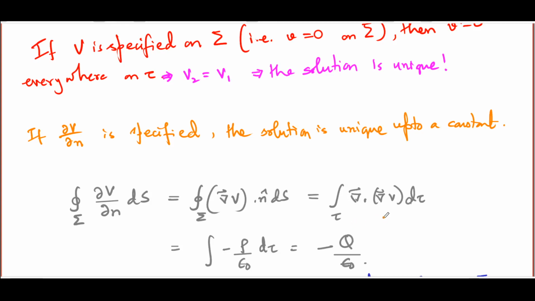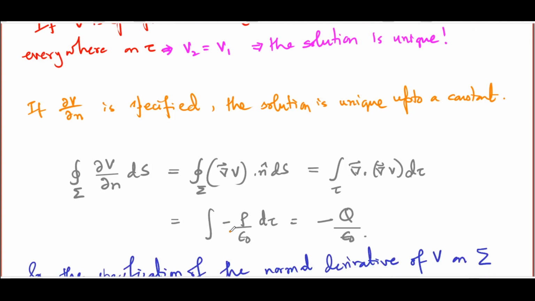Divergence of gradient of V is of course the Laplacian of V, which is specified by the equation itself. So this has to be equal to the integral over tau of minus rho over epsilon 0 d tau or dq bar, and therefore this is going to be net charge inside by epsilon 0 with a negative sign. So when you specify del V del N on the surface, you have to be careful.